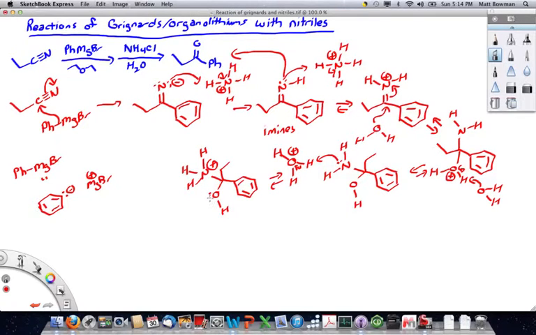And then the electrons from the oxygen can come down and kick that nitrogen off. And water can come again and take that proton to give the final product.